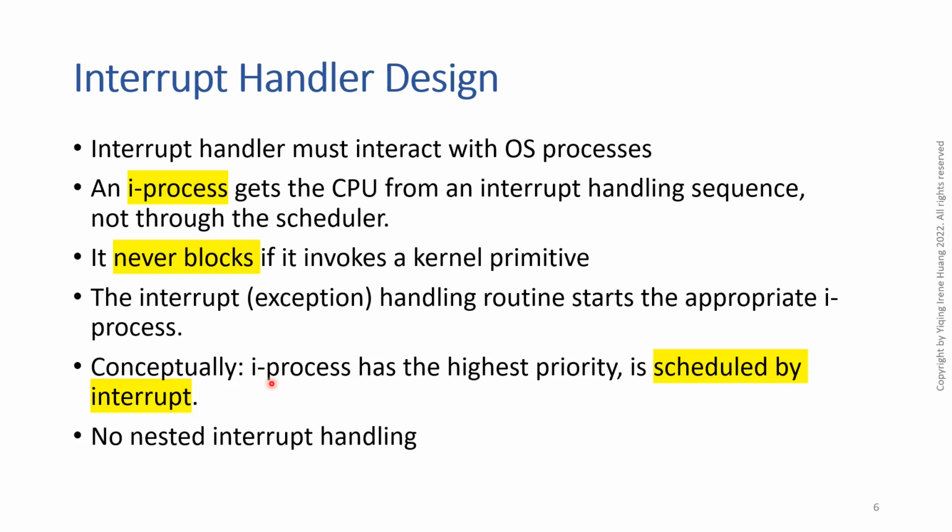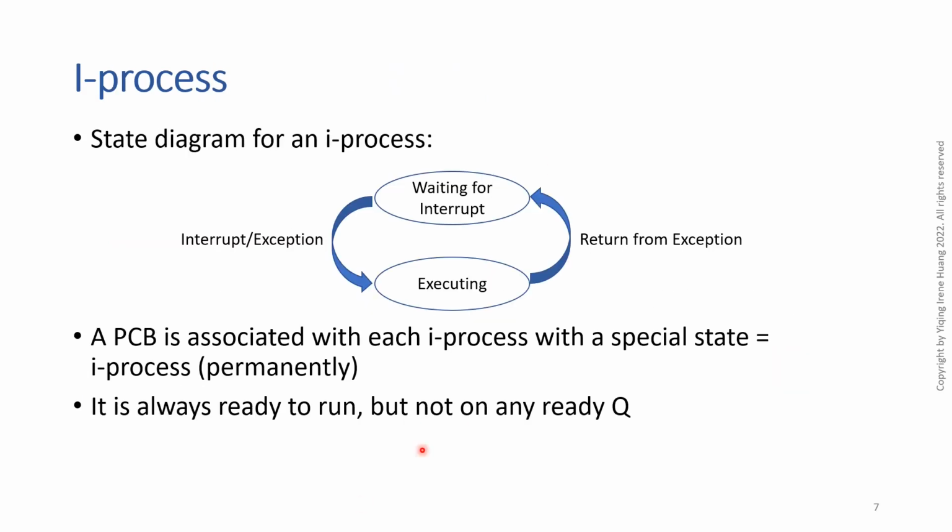Conceptually, this I process has the highest priority, and it is scheduled by the interrupt, and we do not handle nested interrupts. So this interrupt process has a special state transition. It is either waiting for an interrupt or it is executing. And it always runs from the very beginning to the end without being interrupted again.